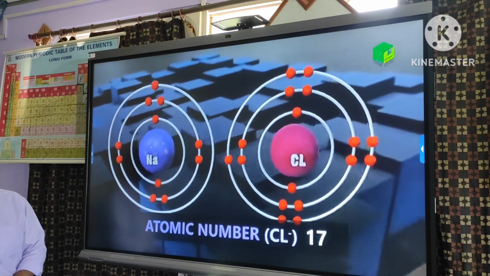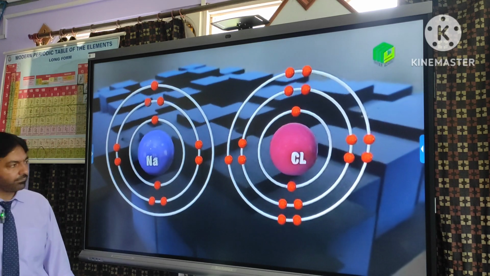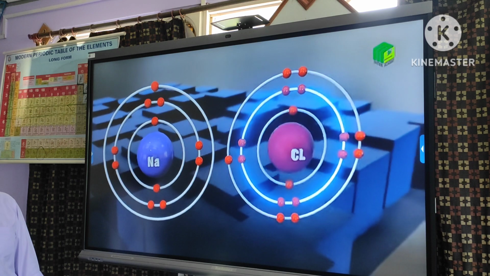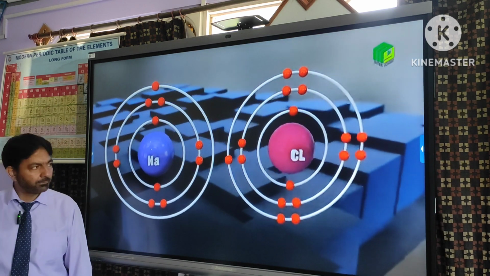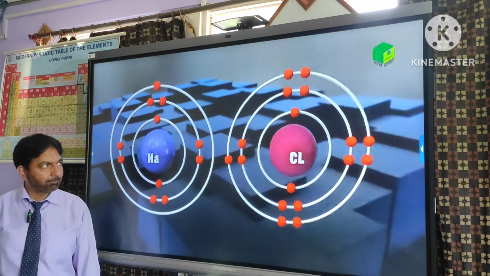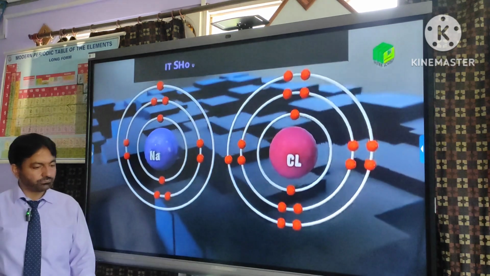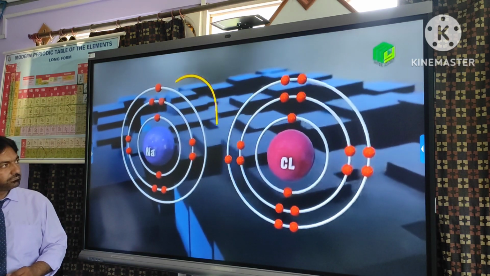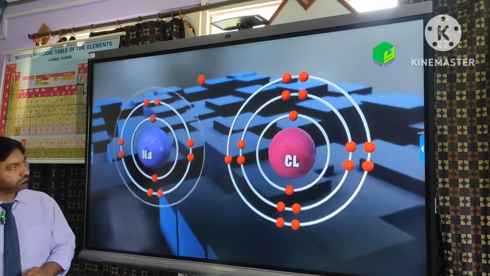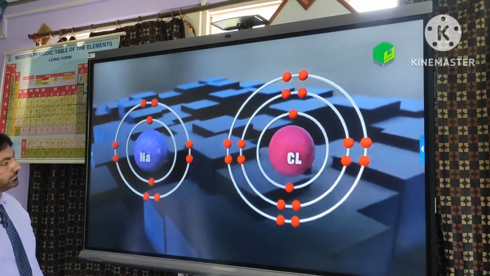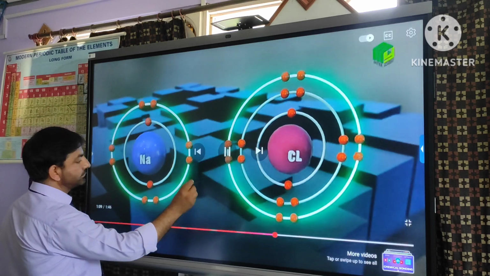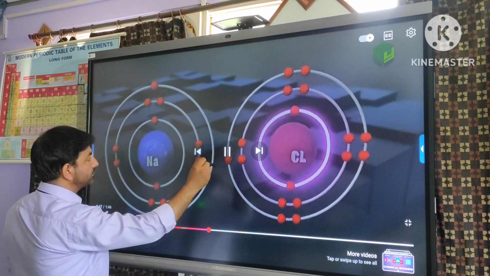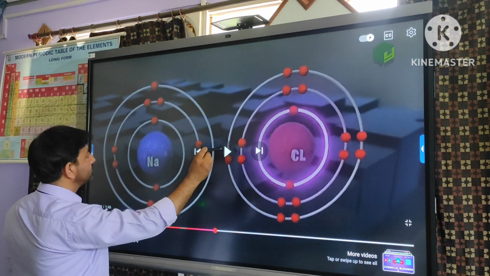The atomic number of chlorine is 17. It consists of 2 electrons in the K shell, 8 electrons in the L shell, and 7 electrons in the M shell. To complete its octet, it should gain 1 electron. When sodium reacts with chlorine, sodium transfers its 1 electron to chlorine.